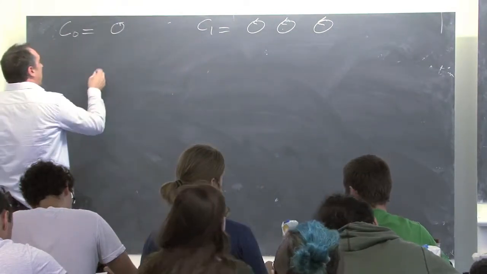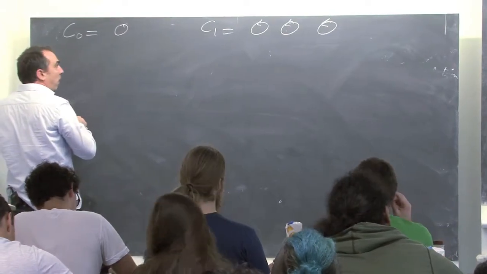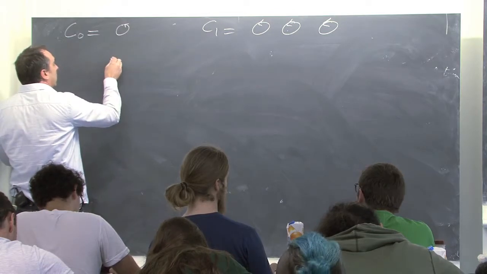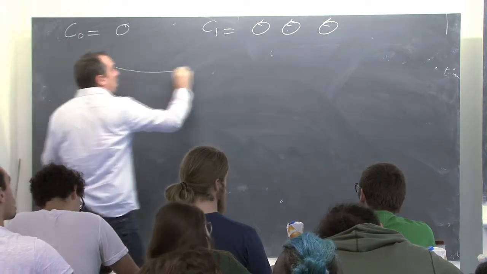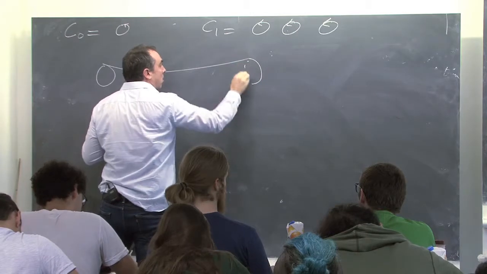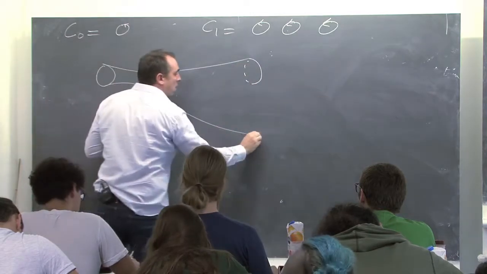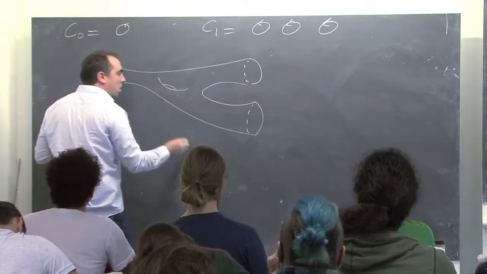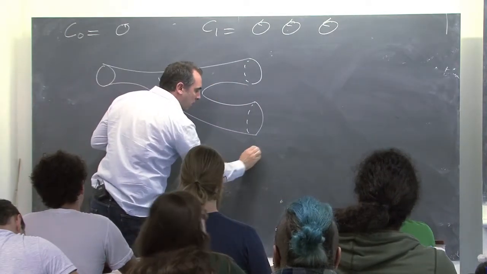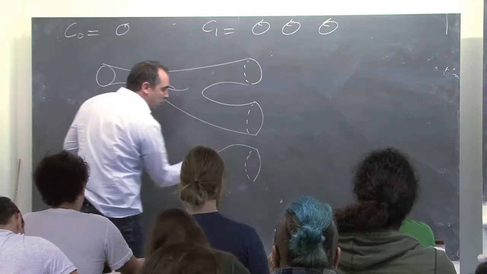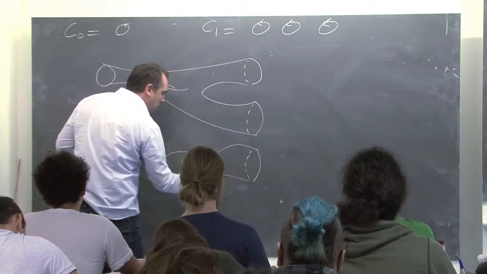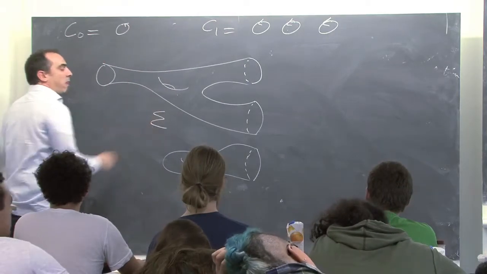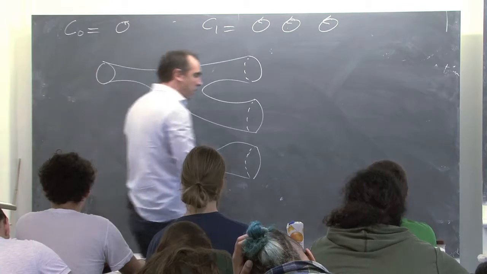And so sigma is this one, for example. So this is the surface sigma. What is the boundary of sigma?